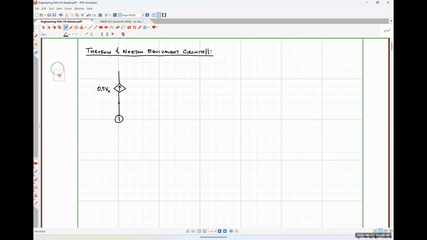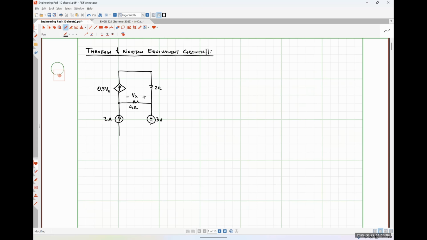Here we're going to have a 2 amp current source. Across here we'll have a 4 ohm resistor, where Vx is defined as the voltage drop across this 4 ohm resistor with positive polarity terminal on the left. Here we have a 2 ohm resistor.